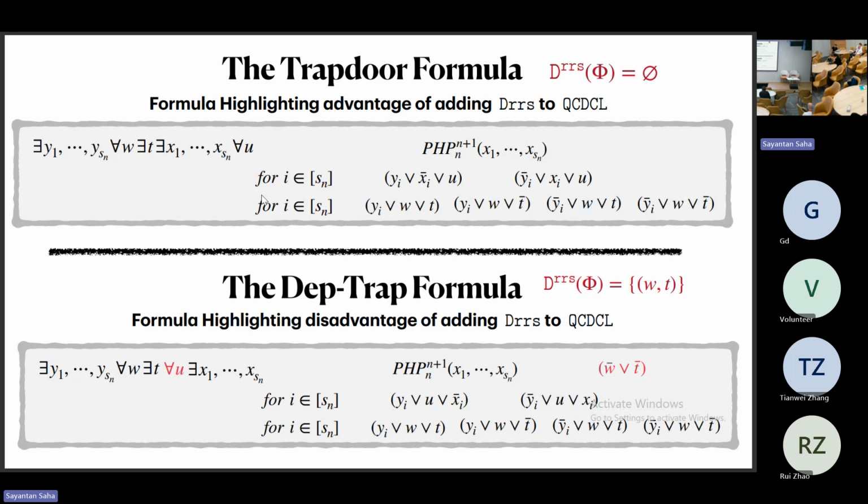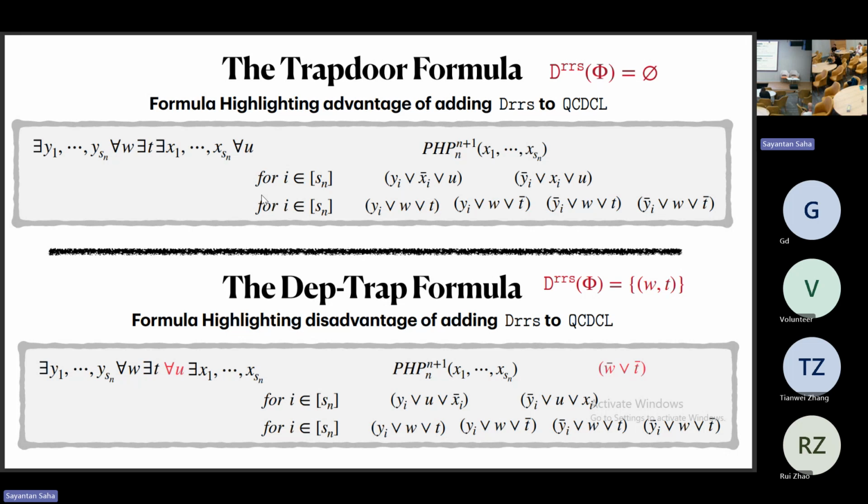Any decision on the y variable, because the u's are quantified after x, forces a propagation of the x from one of the two clauses. So by the time I decide all the y's, I propagate all the x's, which forces a contradiction in my pigeonhole principle. So in this first case, any QCDCL trail will always hit a conflict regarding my pigeonhole principle clauses. We end up refuting the pigeonhole principle propositionally in resolution, which makes it hard for basic QCDCL.